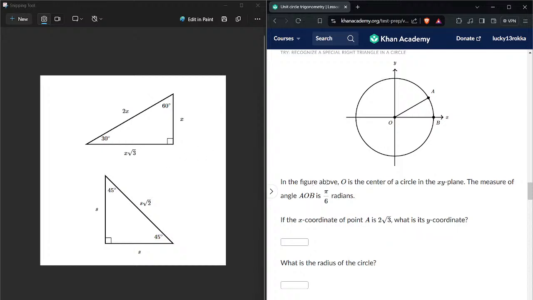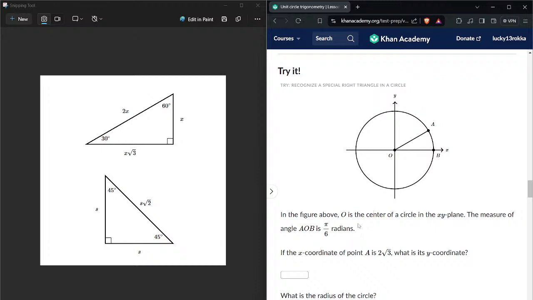In the figure above, O is the center of the circle, angle AOB is pi by 6 radians. So we have 30 degrees, right? Remember OA is 2 root 3.